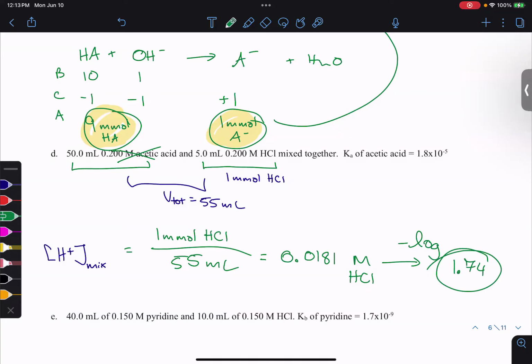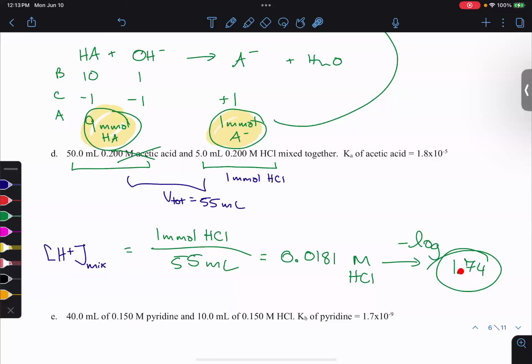So this one's a little bit tricky. Yes, you recognize it's two acids. Just take the strongest one, which is a strong acid, but you are diluting it because you're mixing it with something else, and you can treat that something else like water. The reason we can ignore acetic acid is that it only contributes a little bit of H plus.